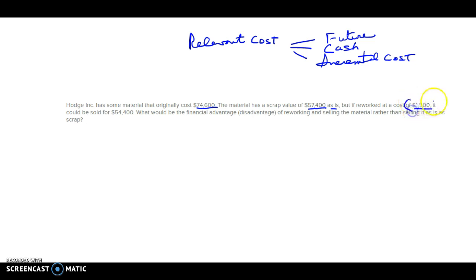So that would be an outflow, $1,500. And it could be sold for $54,400. What would be the financial disadvantage of reworking and selling the material rather than selling it as is? So I want you to focus on relevant cost here. Take a minute, pause the recorder, and come back in a minute.